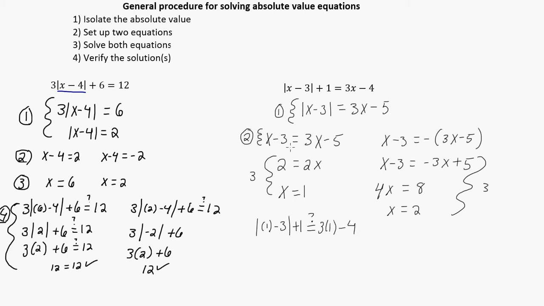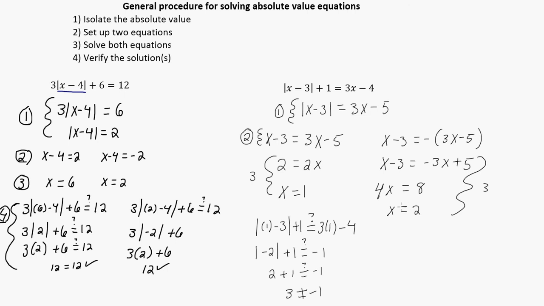All I've done is plug the solution into the original equation. 1 minus 3 is, of course, negative 2, so the absolute value of negative 2 plus 1 equals question mark. 3 times 1 is 3, and 3 minus 4 is negative 1. The absolute value of negative 2 is 2, so 2 plus 1 equals question mark negative 1, and we found the solution that does not work. 2 plus 1 is 3, which is not equal to negative 1. So I know that x equals 1 is not a solution.